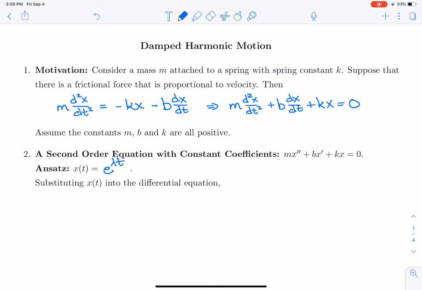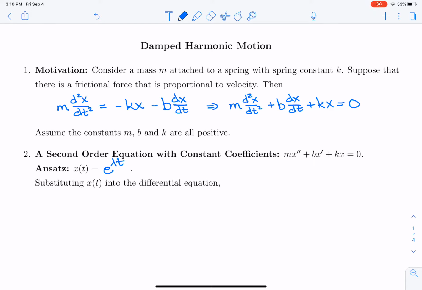And that guess is still valid because what we're saying is that the second derivative of this function and the first derivative of this function and the function itself, if we add up a linear combination of those, we should get 0. So each one of these, the first and second derivatives, needs to look like the function itself. And e to the lambda t has that property.